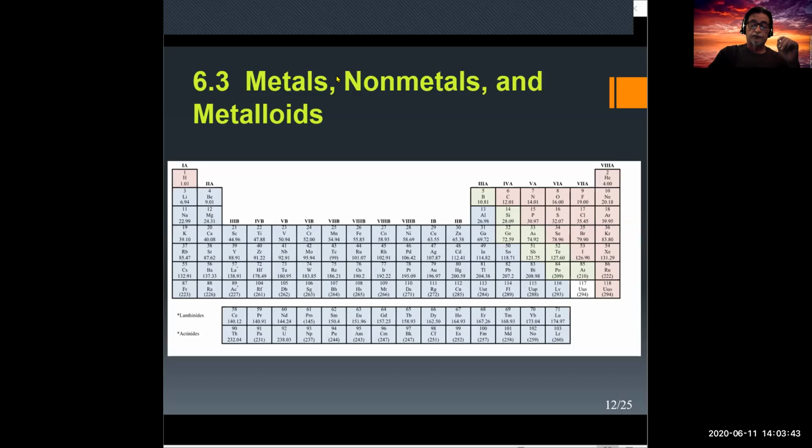Now, it's very important to recognize the elements that are metals, nonmetals, and metalloids. Metalloids, if you recall, are the semi-metals. Why is that? Because in the next chapter, recognizing what the elements are that come together to form a compound will tell us what type of compound they are.